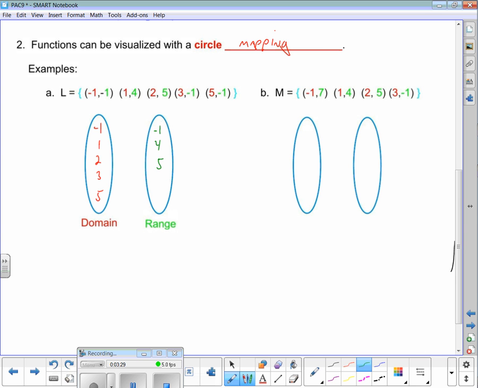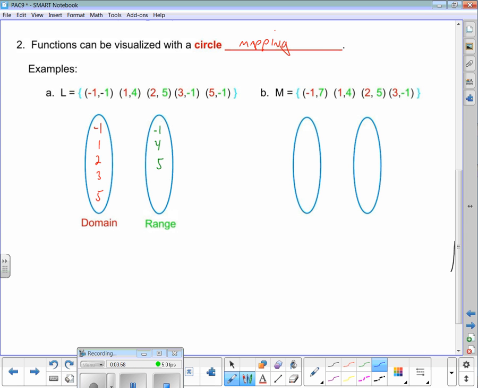Now, it is really, really important that you do the mapping. Because here's what we want. If we didn't know what the set was, we want to be able to look at the circle mapping and know exactly who's dating whom. And to do that, we must actually do what's called the mapping.